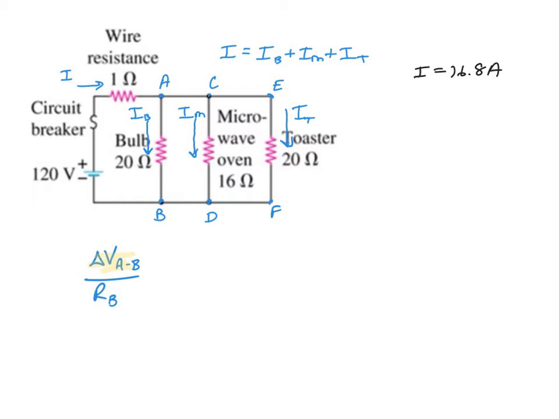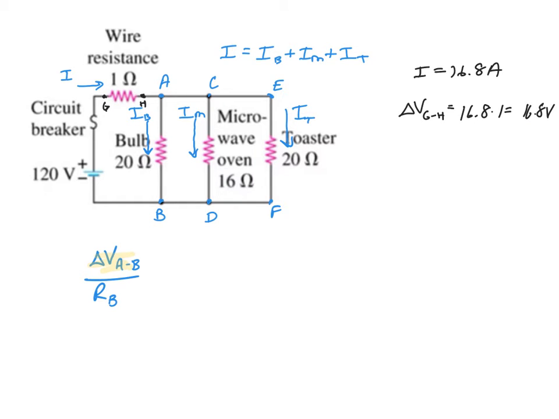Let's say it was 16.8 amps. I can find the delta V across this resistor, from G to H. The loss, delta V G to H, is equal to the current, 16.8 times 1 ohm, which is 16.8 volts.